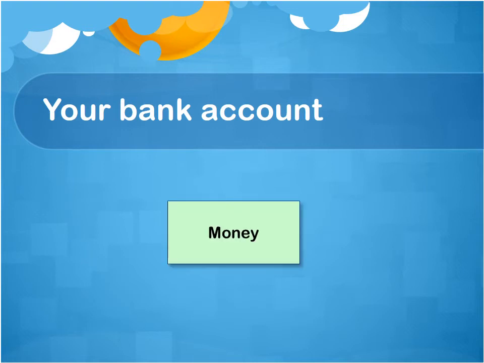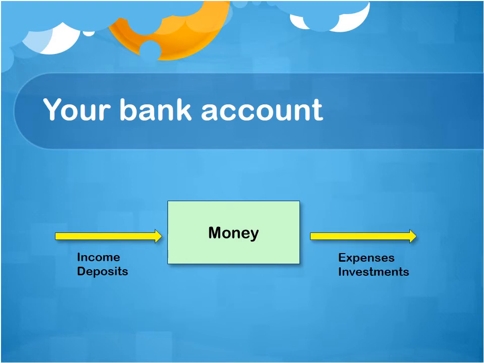Okay, now that amount of money in your bank account is not a static variable. It's a variable that changes over time. It changes over time because you have inputs of money, and those may come through income or deposits into your account, but you also have outputs, and these can be expenses, investments, any other money that comes out.